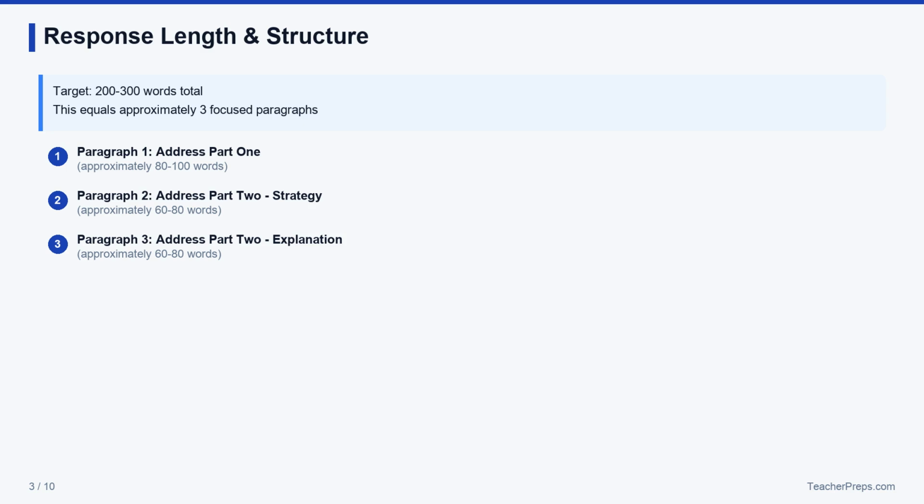Your second paragraph begins Part 2, where you describe your recommended strategy in about 60 to 80 words. Be specific about what the teacher should actually do. Your third paragraph completes Part 2 by explaining why your strategy would be effective, connecting it to educational theory or research, another 60 to 80 words. This 3-paragraph structure ensures you address all parts of the assignment within the word limit.